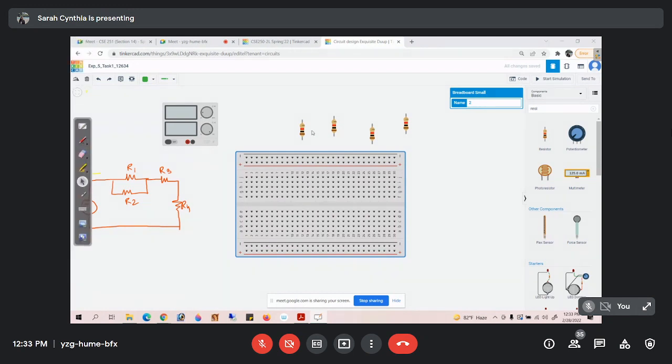Let us say that this resistor is R1. I'm going to generate some random resistance values, so you may use that as well. Let me use the resistance value as, why isn't it showing?